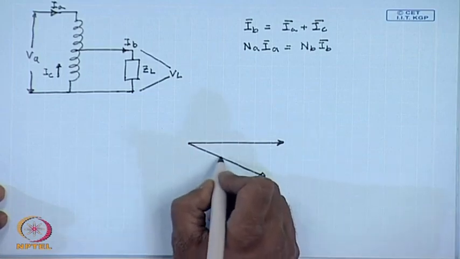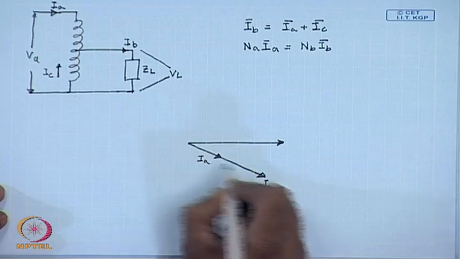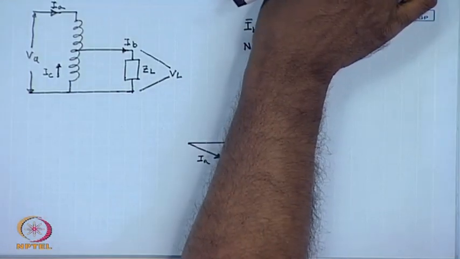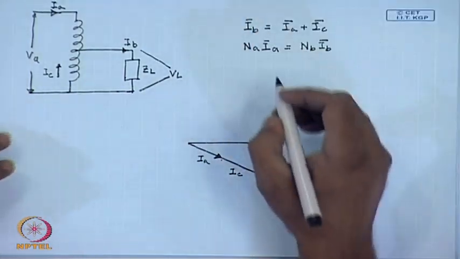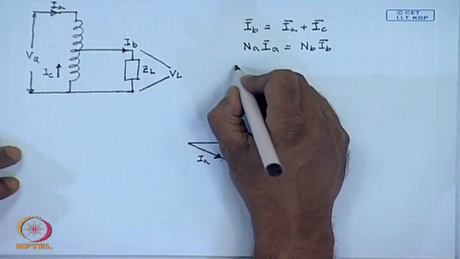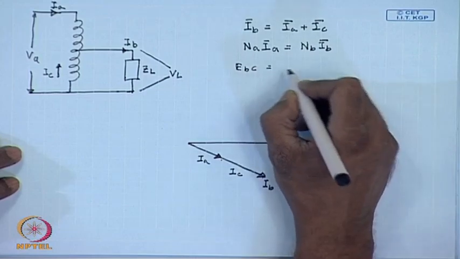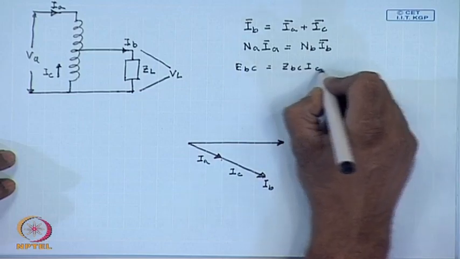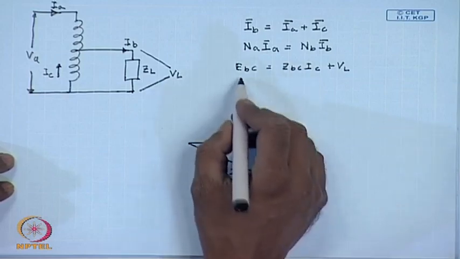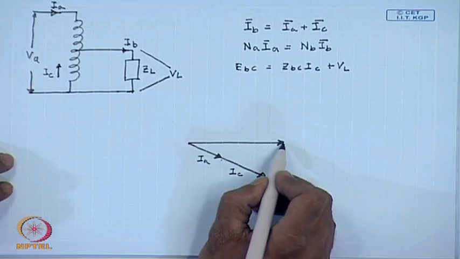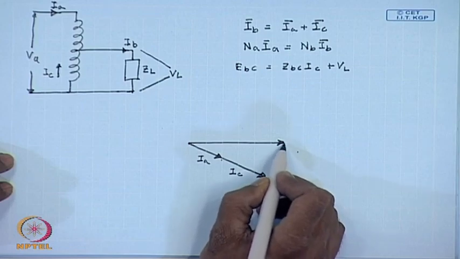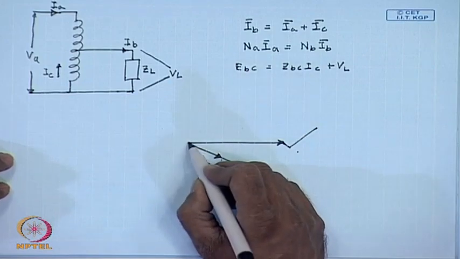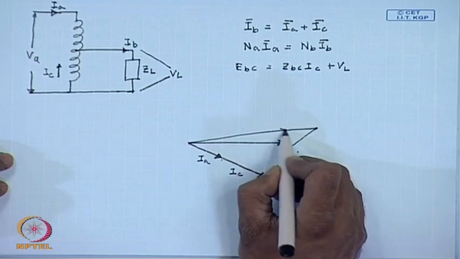So, this is the current I A and the rest is the current I C. Now, from the first equation, that is E B C equal to Z B C I C plus V L, we can get the phasor E B C, which will be this phasor.